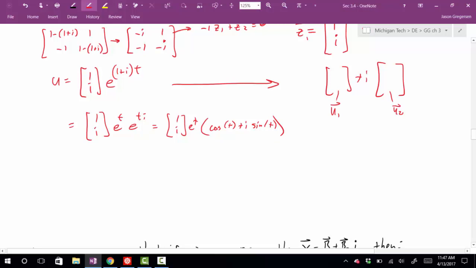And now what? Well, now I just take this scalar stuff times this vector. So I'm going to get a big vector. It's going to look like e to the t cosine of t plus e to the t i sine of t.